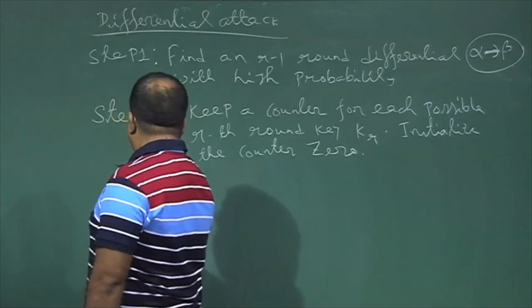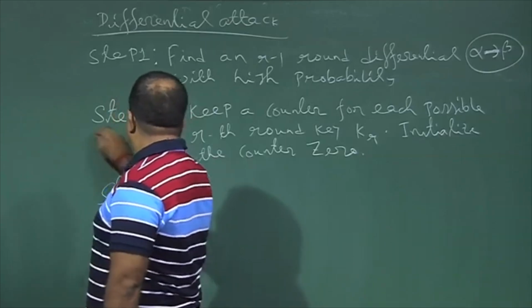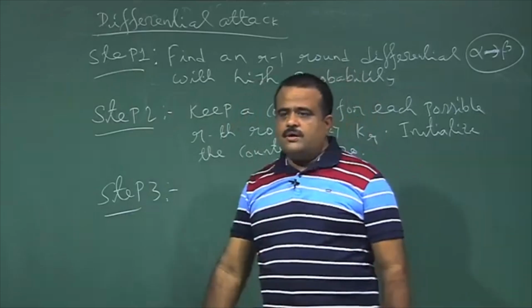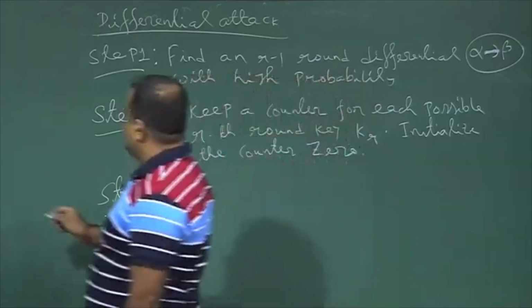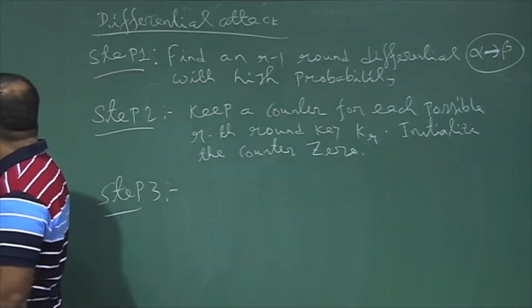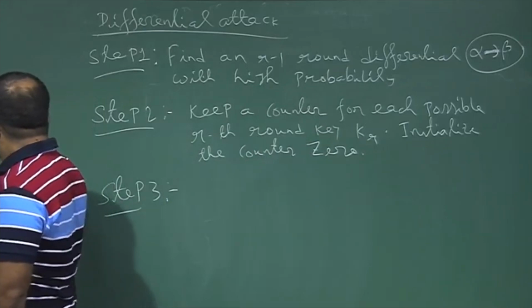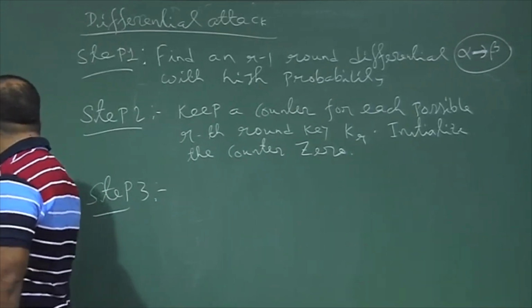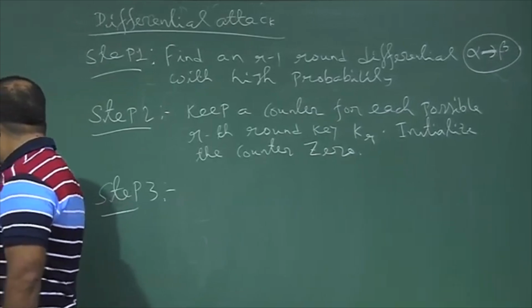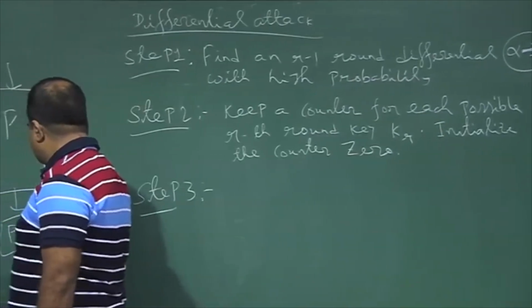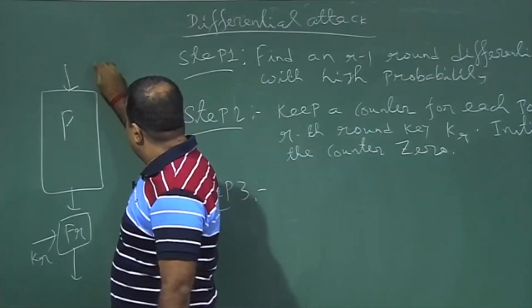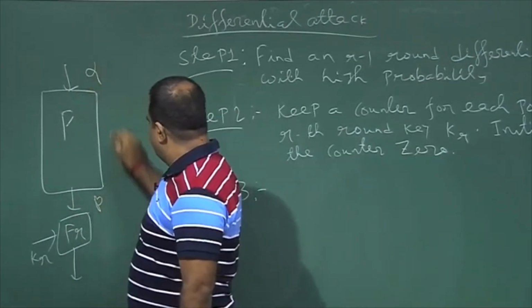Then in step 3, we are picking a plaintext. Suppose the plaintext is n bit. So this is our F, this is our K_R, and this is our ciphertext. We know we have an alpha, beta differential here: if the input difference is alpha, the output difference will be beta.